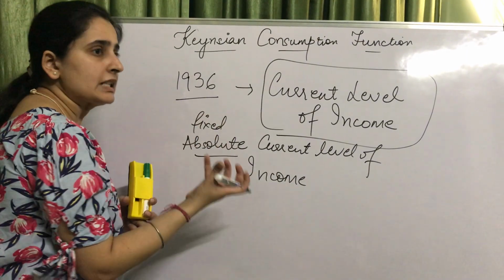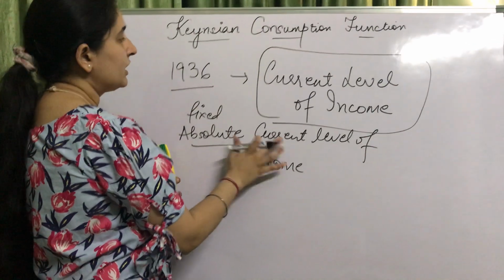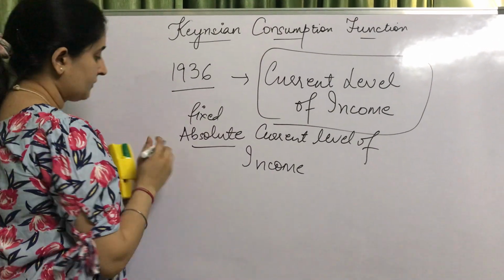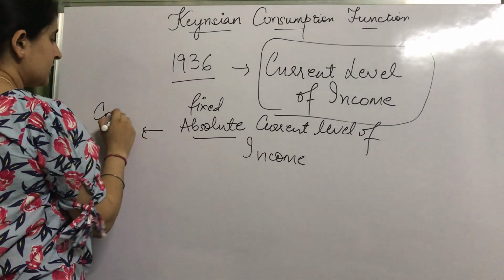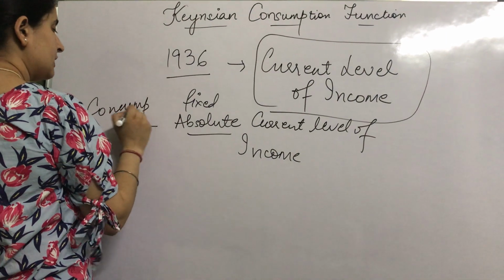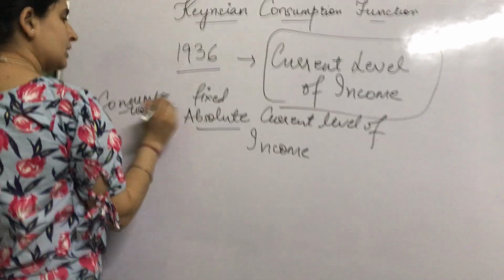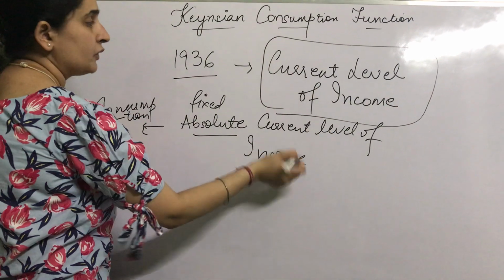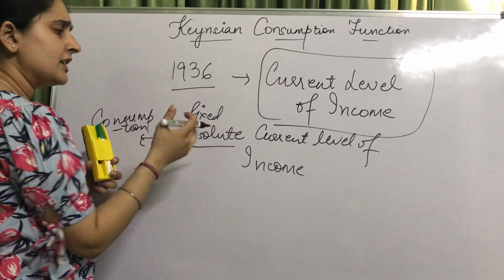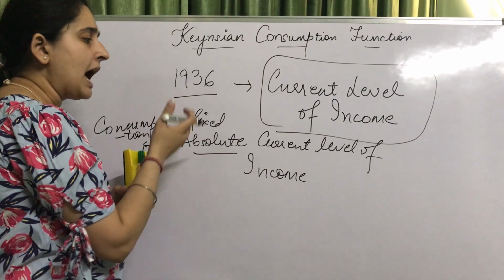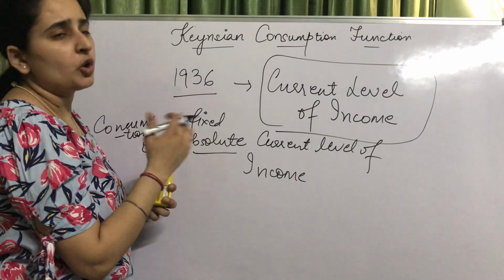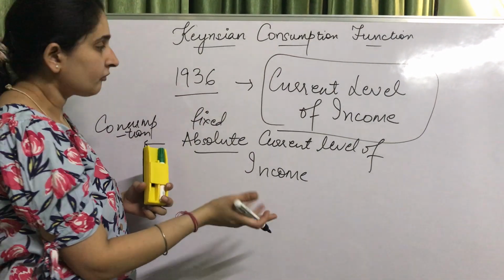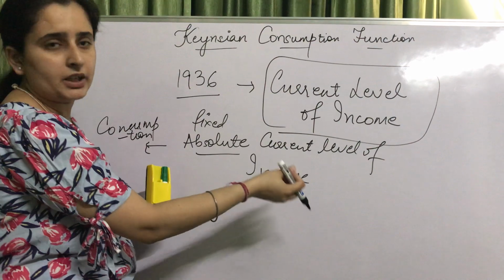That is, some fixed current level of income is what determines my consumption. So consumption depends upon fixed or absolute current level of income according to Keynes. That is why his theory is also called the absolute consumption function or absolute theory of consumption.